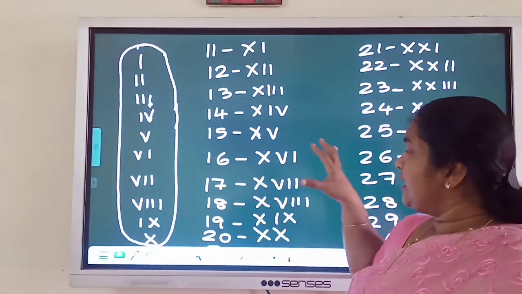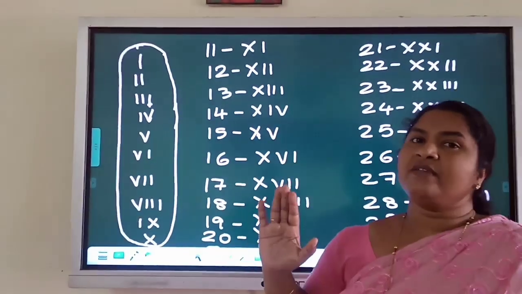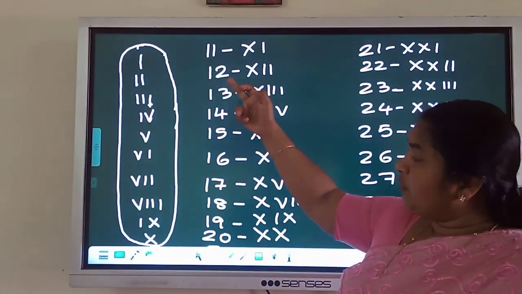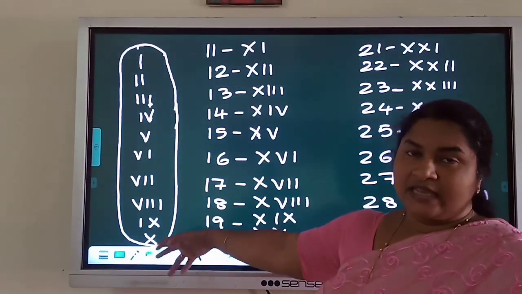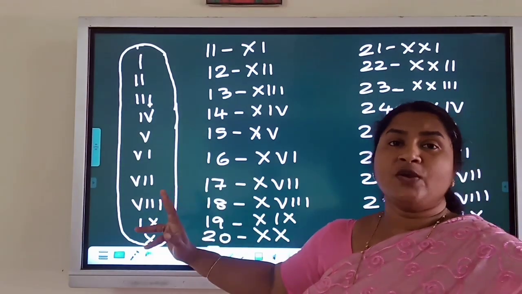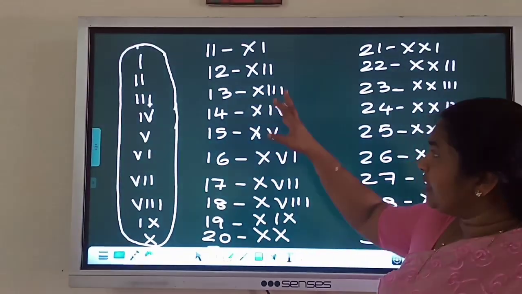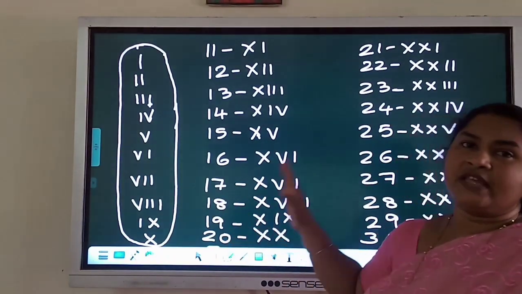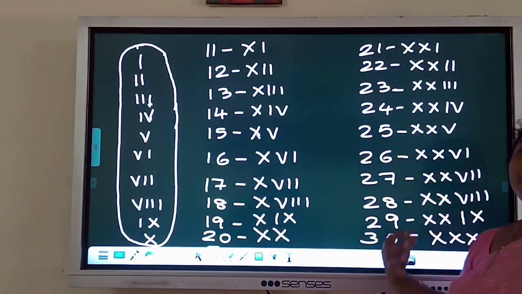And now in this class, only up to 30 we are asked to study. So I have given 1 to 10 in the last class. Once you study this 1 to 10 nicely, then only we will understand how to make 11 to 20. If you know 11 to 20, it is very easy to have 21 to 30.